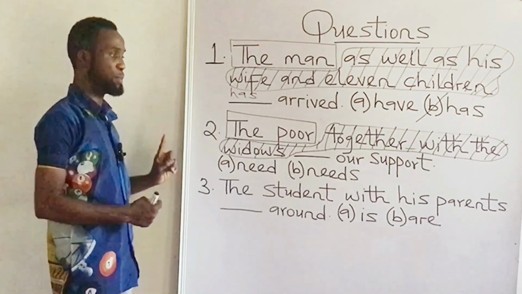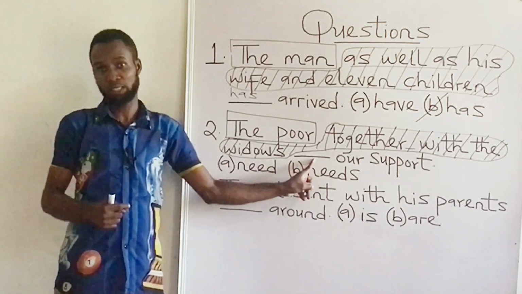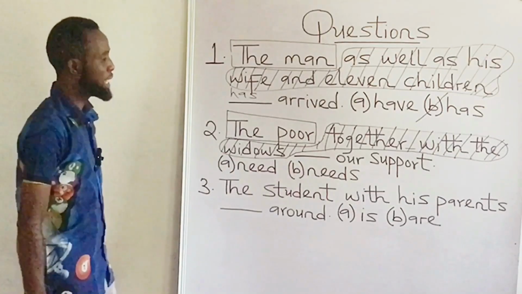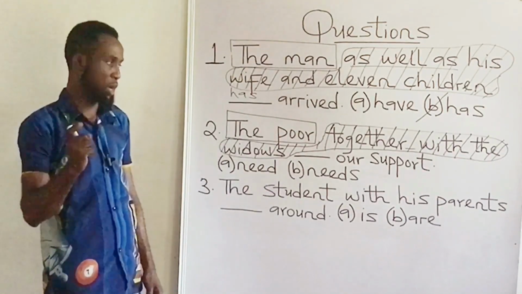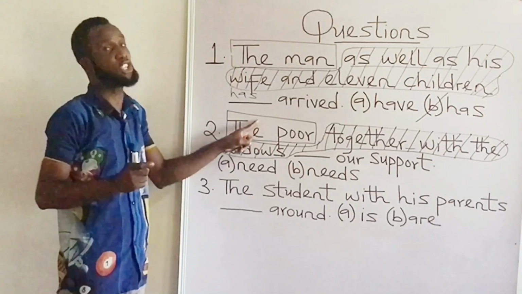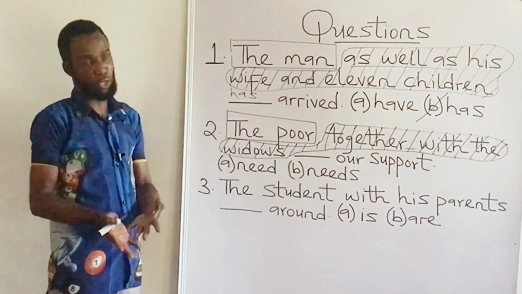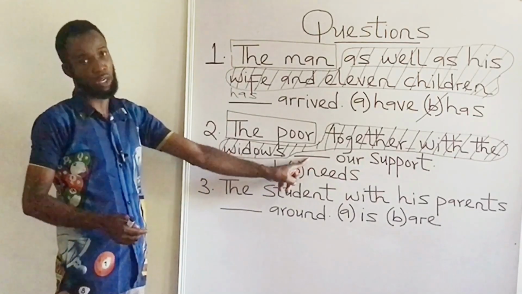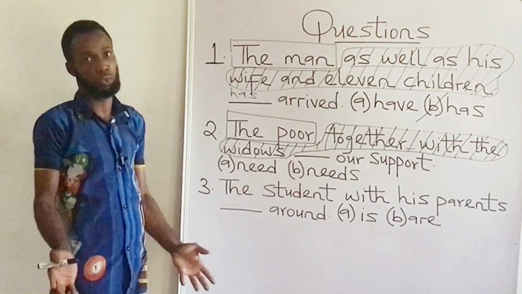So it shouldn't take part in determining the verb that should enter this gap in the question. The verb that should enter this gap only agrees in number with the subject, which in this case is the poor. If this subject is singular, the verb here should be singular. But if this subject is plural, the verb here should be plural.